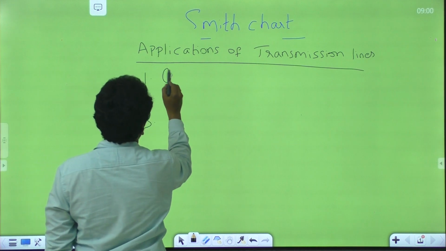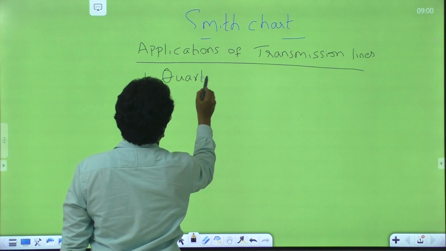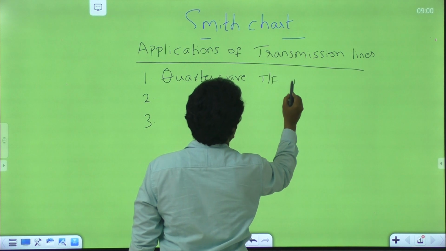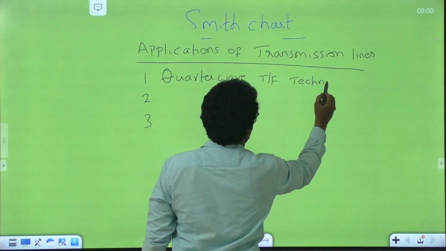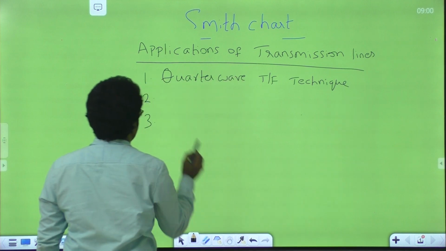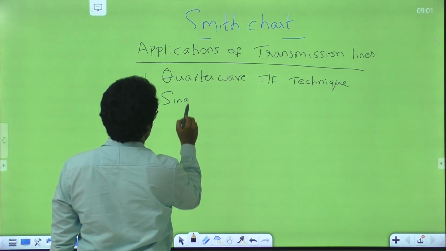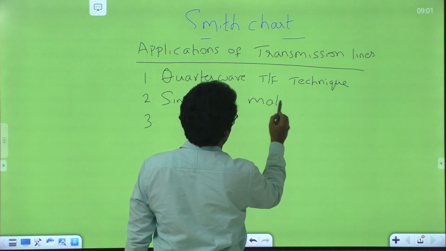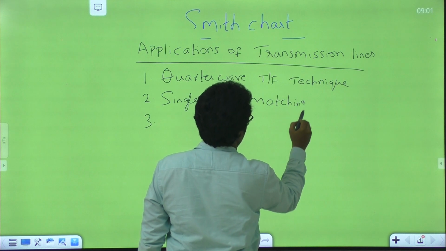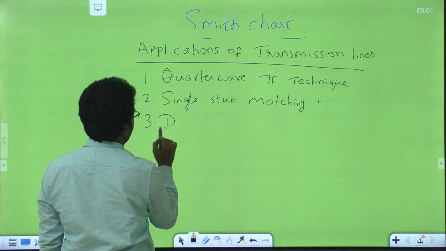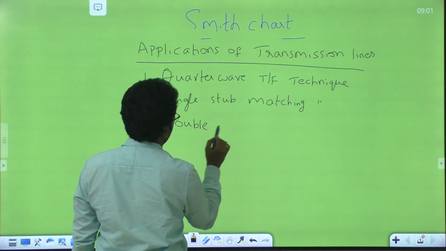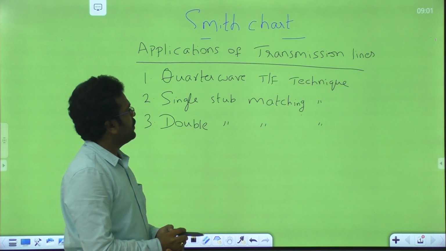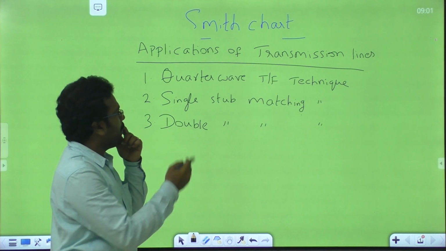One is the quarter wave transformer technique, the second one is the single stub matching technique, and the third one is the double stub matching technique. All are applications of impedance matching.